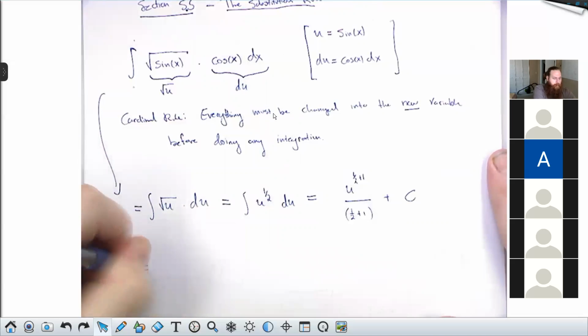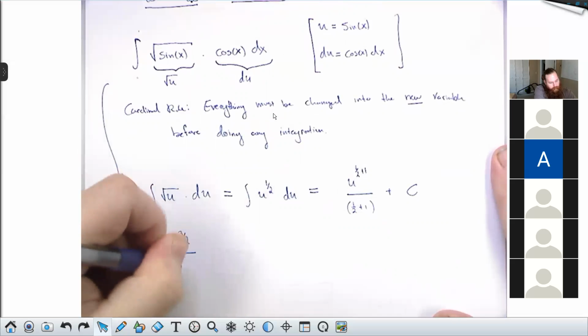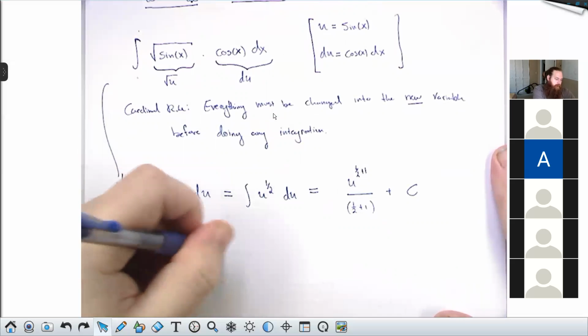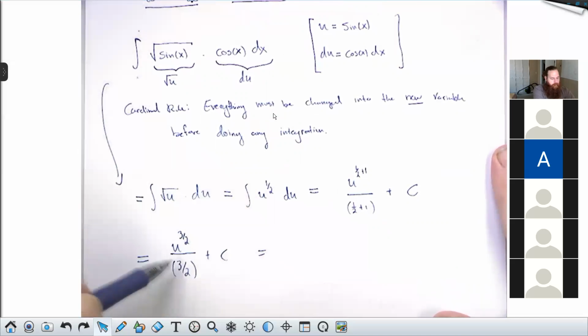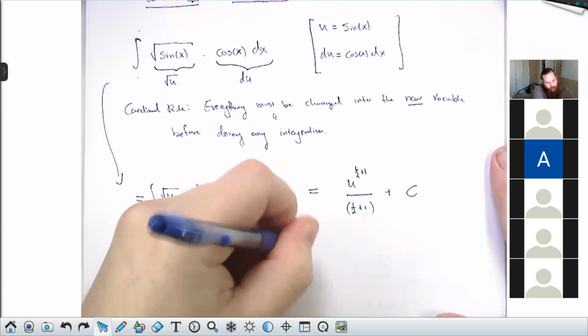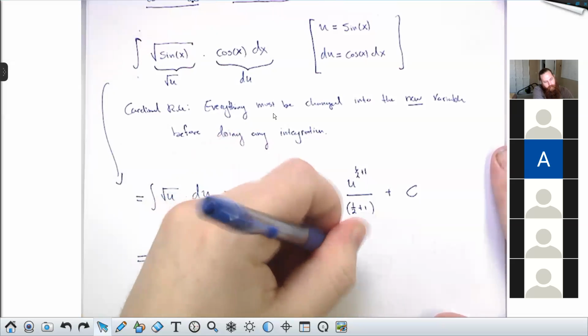And then I can clean things up a little bit. 1/2 plus 1 is 3/2. So that's u to the 3/2 divided by 3/2 plus c, which is the same, if I flip and multiply this fraction, as 2u to the 3/2 over 3 plus c.